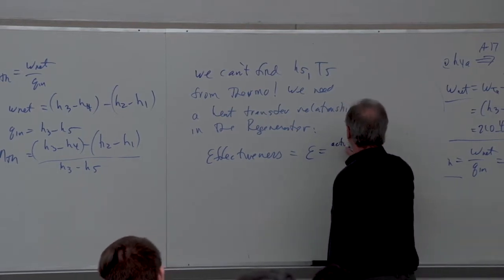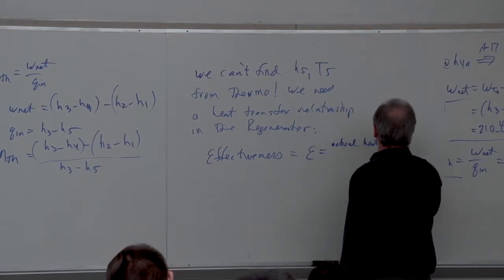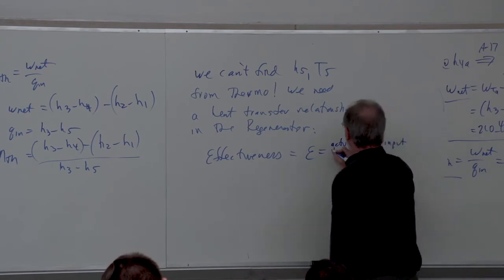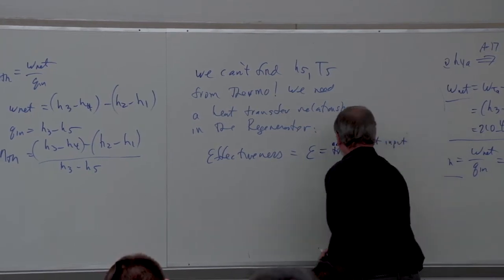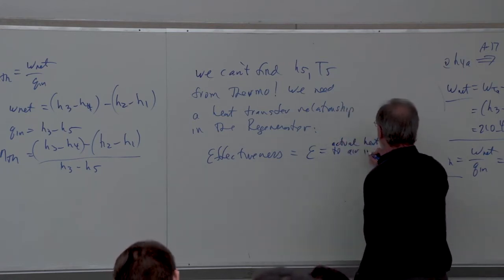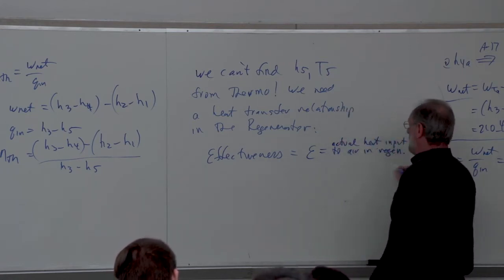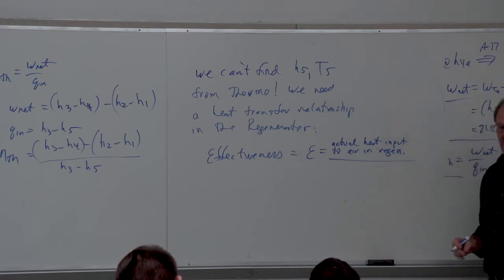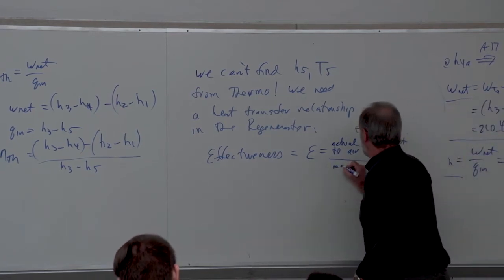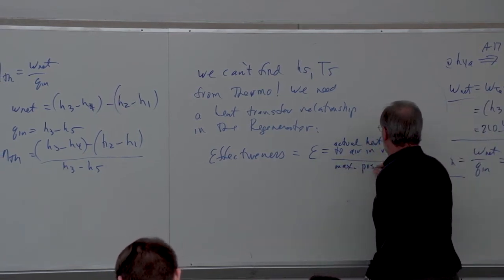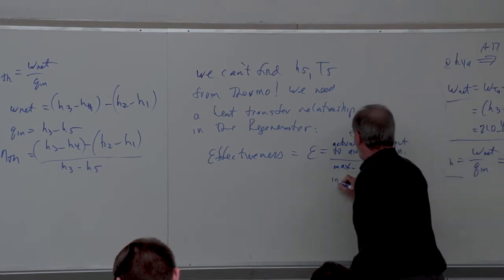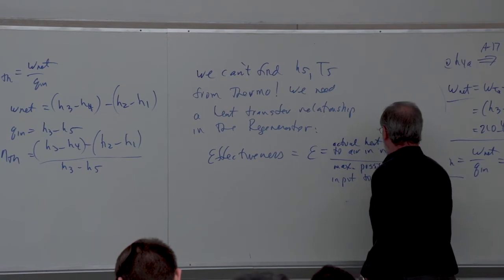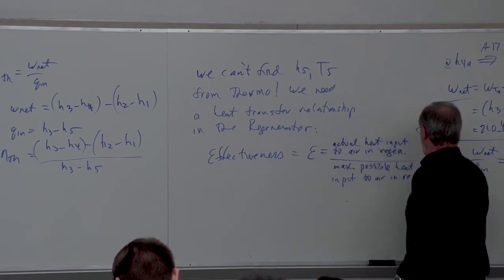So the actual heat input to air in the regenerator, and I'll just abbreviate regenerator as regen, divided by the maximum possible heat input to the air in the regenerator.